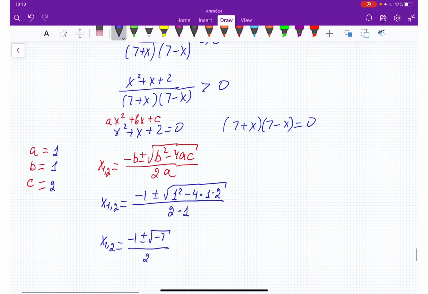So then we are moving to solve the other one, the denominator. What is it going to be? 7 plus x, 7 minus x.